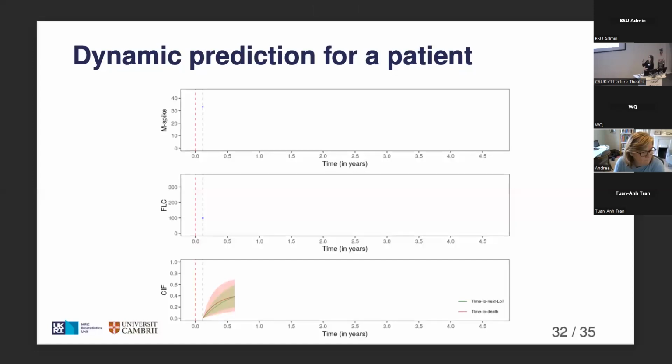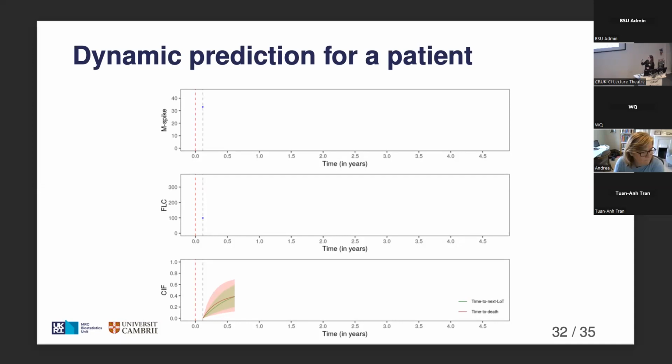These are the results. So the top two lines, if it was working, you would be seeing some longitudinal evolution of the M spike and the free light chains in the top two graphs, and the fit of the longitudinal model. So this is dynamic prediction for a specific patient. And in the bottom graph, we have the cumulative incidence function for the two outcomes we're interested in, which are the time to death within the current line of therapy and the time to the next line of therapy.